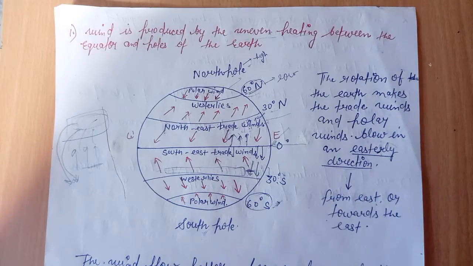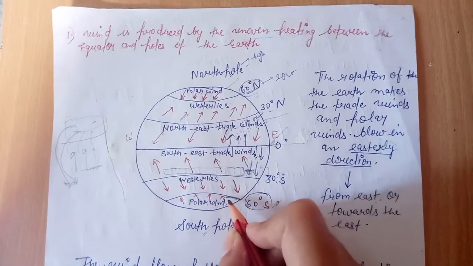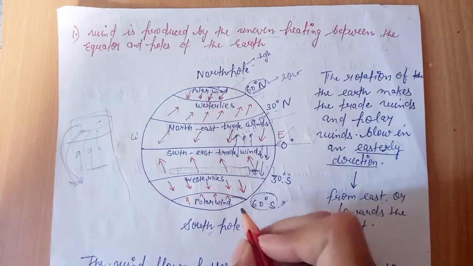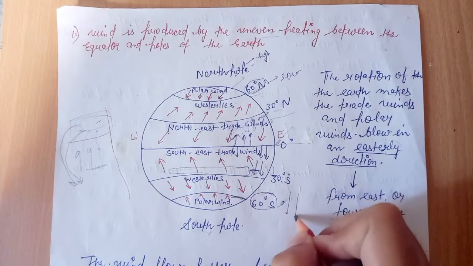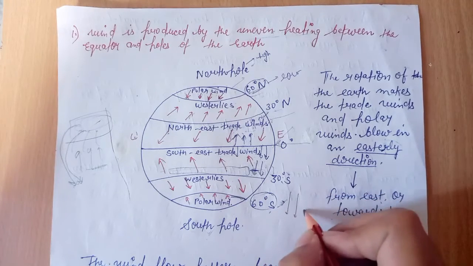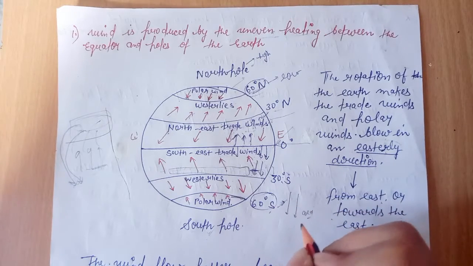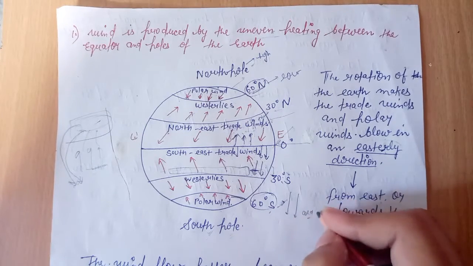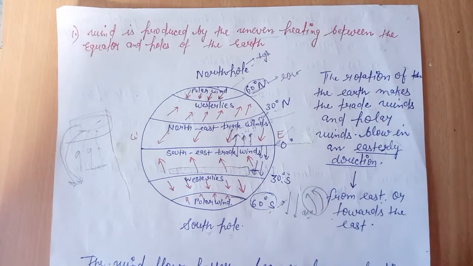The same concept applies: the region at 60 degrees south is warmer than the polar region, so the warm air rises up, and the cold air of the south pole region rushes to take its place. So these are the polar winds.